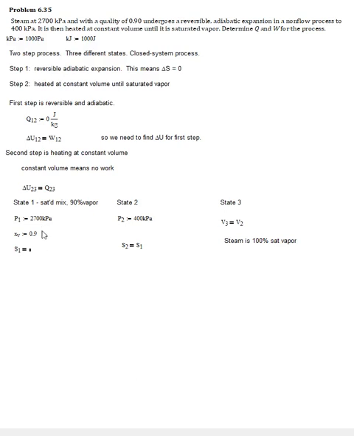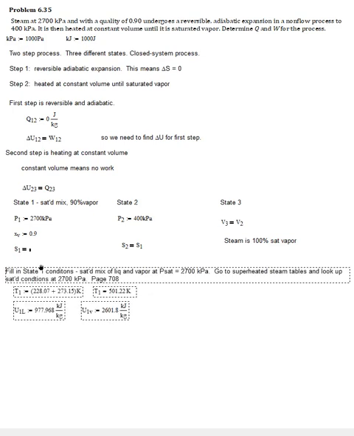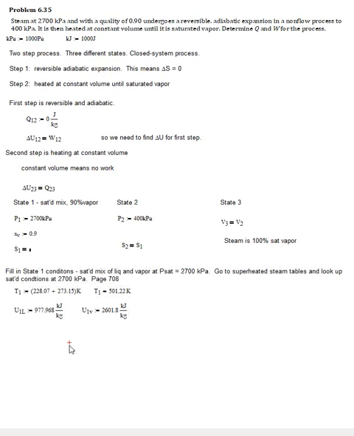So we know that we have a mixture of liquid and vapor here, and because of this statement, we've got a mixture of liquid and vapor there. So the first thing that I would do in approaching this problem is fill in the state 1 conditions. We know we have a mixture of saturated liquid and vapor at 2,700 kilopascals.